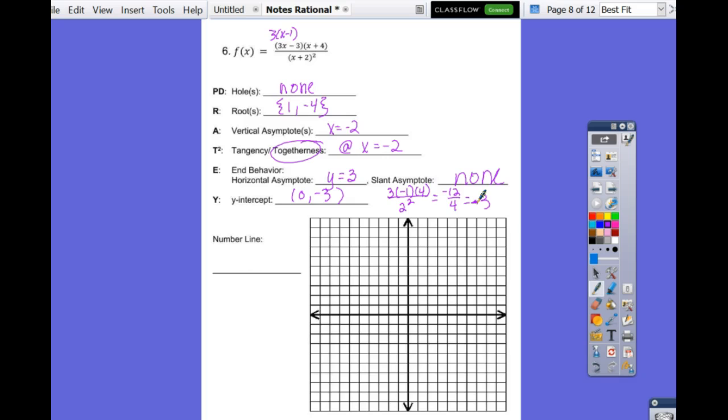So let's just put the stuff on before we even start the number line. So I have roots at 1 and -4. I have a vertical asymptote at x equals -2. I have a horizontal asymptote at y equals 3.